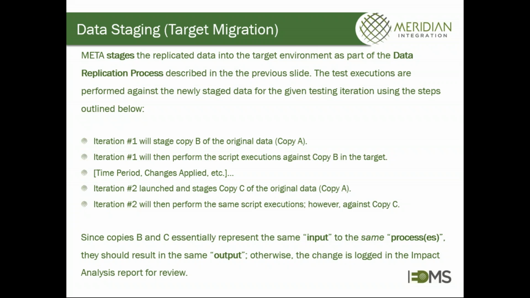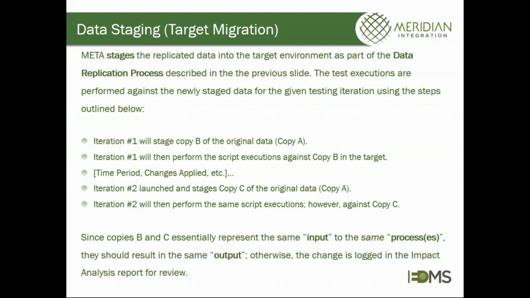To explain in more granular detail, iteration 1 will stage a copy, the pre I mentioned, of the original pristine data. Next, iteration 1 will perform the script step executions against the pre-version of data in our target environment.